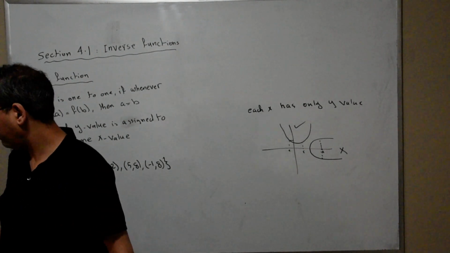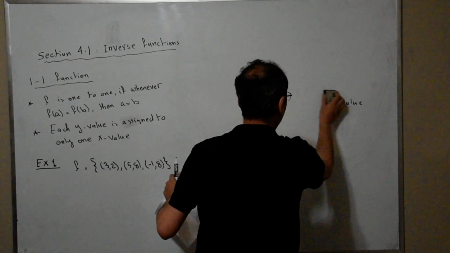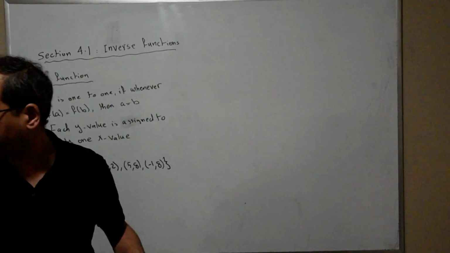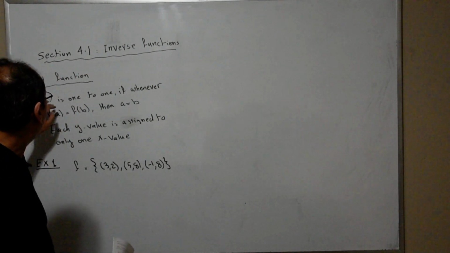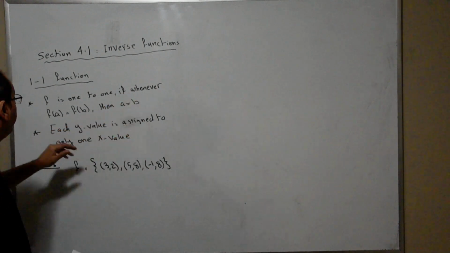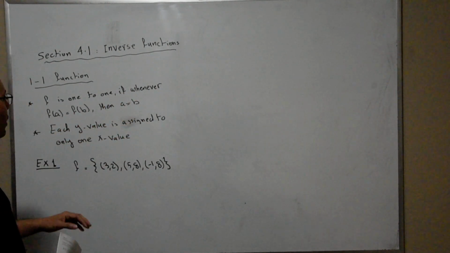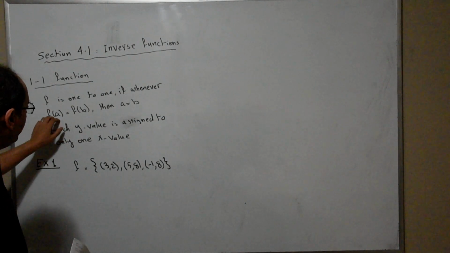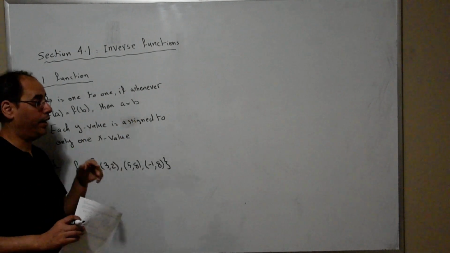Let's explain that in more detail. The definition of a one-to-one function says that f is one-to-one if f of a equals f of b, then a equals b. In other words, if y1 equals y2, then x1 must equal x2.